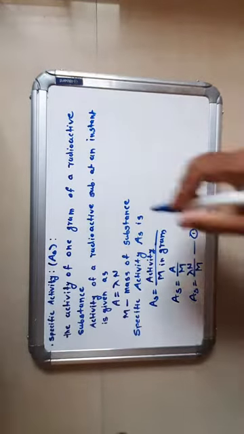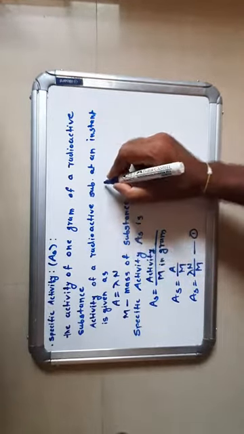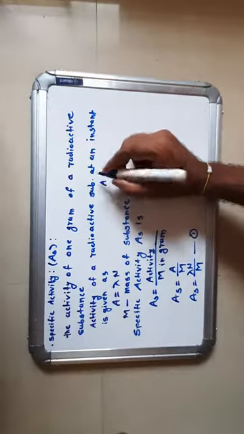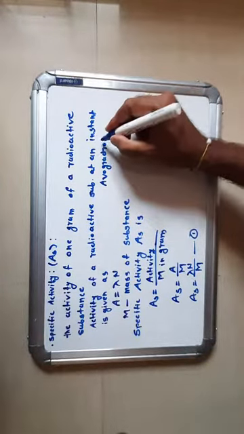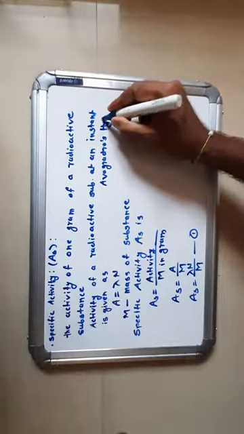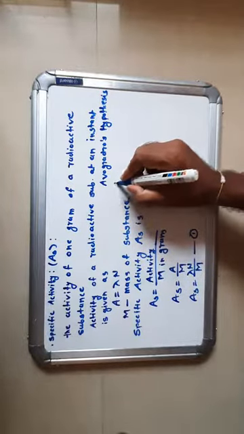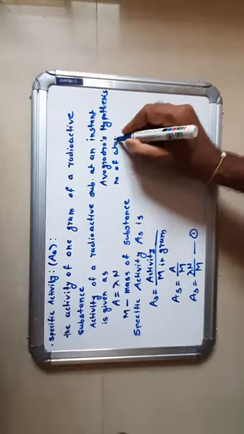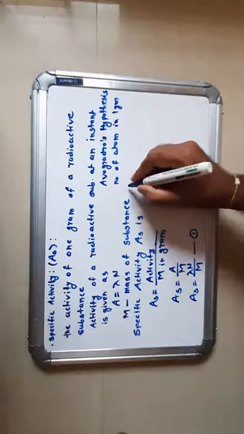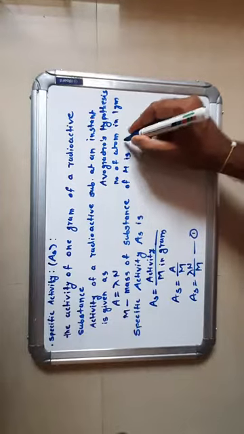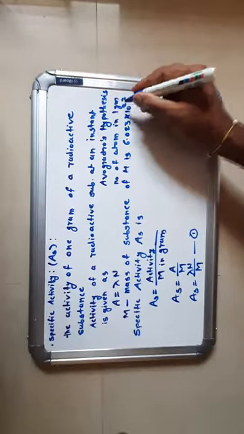Then according to Avogadro's hypothesis, the number of atoms in 1 gram of hydrogen is 6.023 into 10 raised to 23 atoms, right?